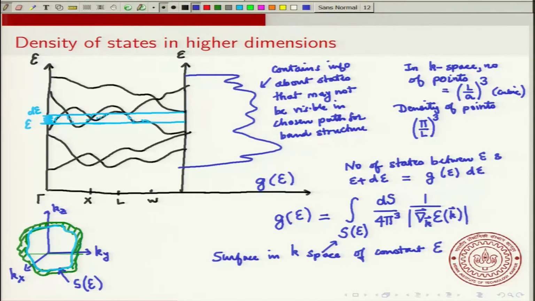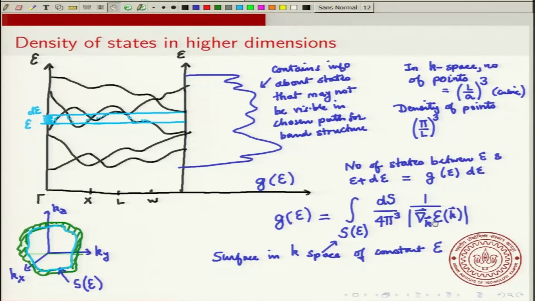Okay. And if you work this out, it's not a very difficult exercise, then you can see that what you have is a surface integral, an integral over this surface. So, you look at the gradient. This is a gradient in K space.